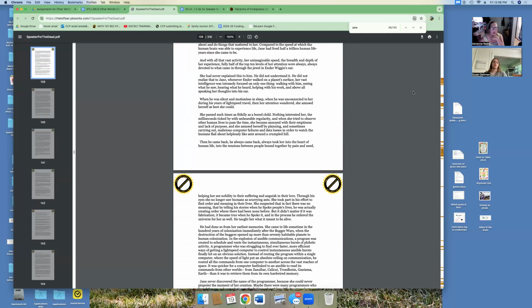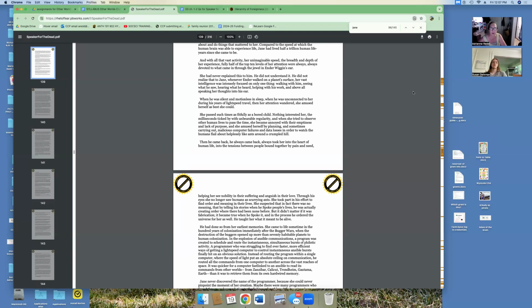And with all that vast activity, her unimaginable speed, the breadth and depth of her experience, fully half of the top 10 levels of her attention were always devoted to what came in through the jewel in Ender Wiggin's ear. She had never explained this to him. He did not understand it. He did not realize that to Jane, whenever Ender walked on a planet's surface, her vast intelligence was intensely focused on only one thing: walking with him, seeing what he saw, hearing what he heard, helping with his work, and above all, speaking her thoughts into his ear.